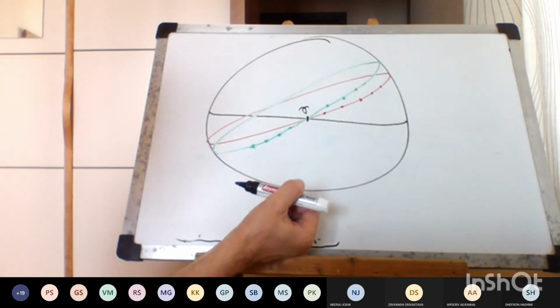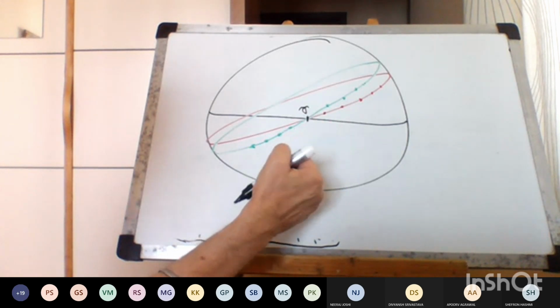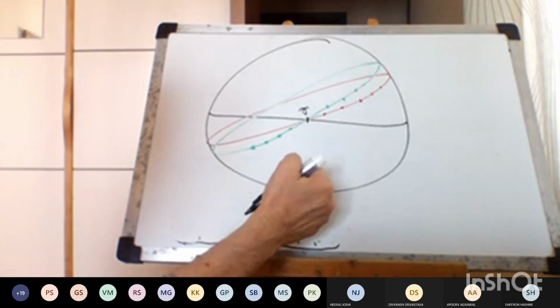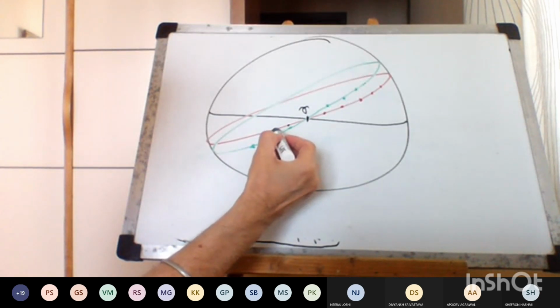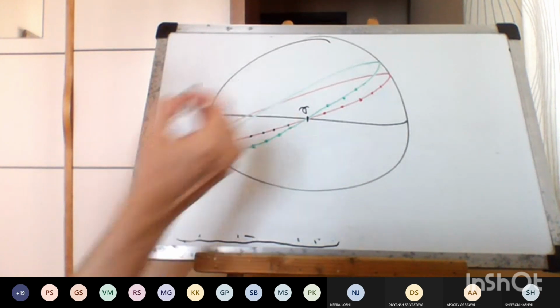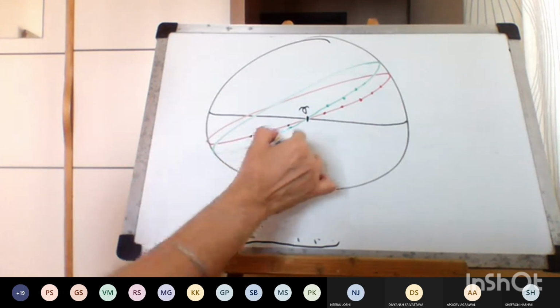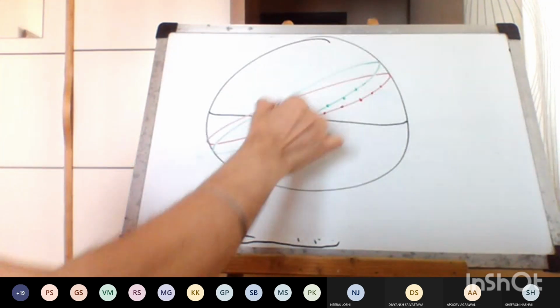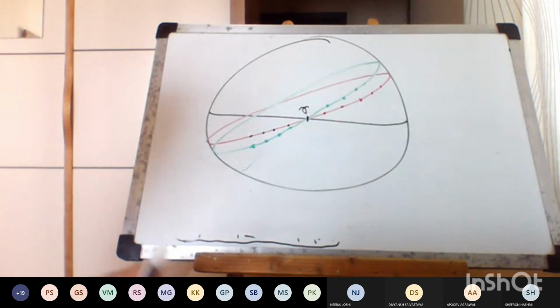Because of the complex movement, this point is moving westwards by 19 degrees a year along the ecliptic. That means this point is moving like this. Every year it will move 19 degrees here. So the path of the moon will be like this. Every 19 years it will go on moving like this. Is it understood now?